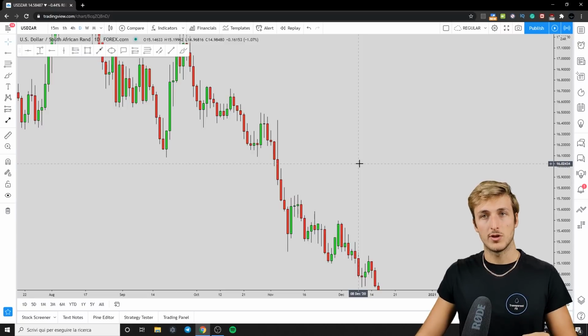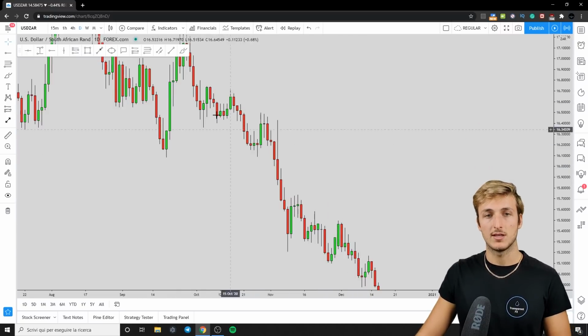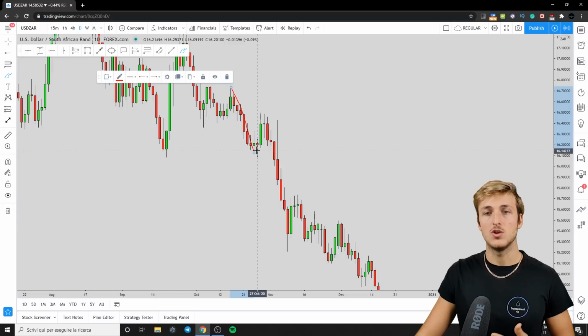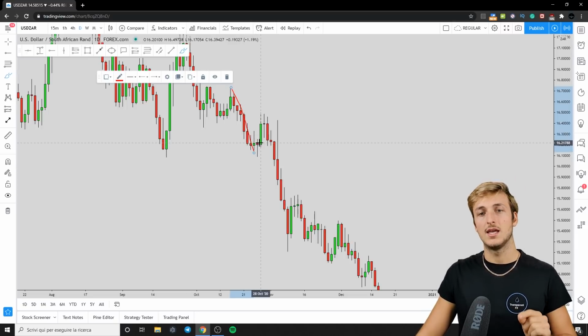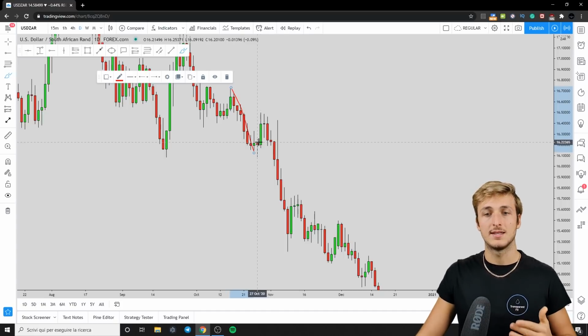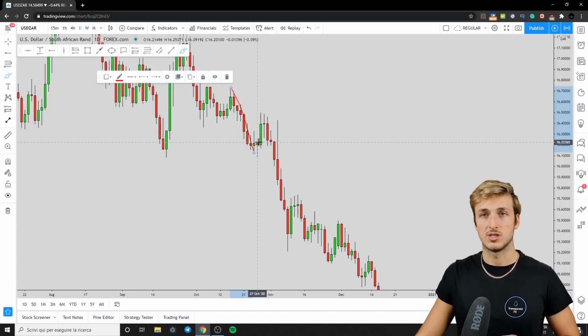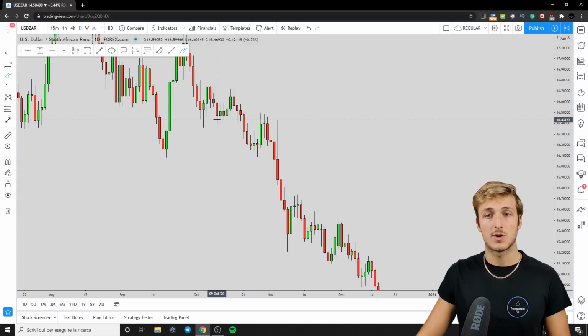Now, a very quick tip. If you have a market that creates a move to the downside, okay, and you want to identify the structure, the simple thing that you have to check is where is the last time that the market went to the opposite side. Now, the last time that the market went to the opposite side, in this case, is exactly from this low to this high.